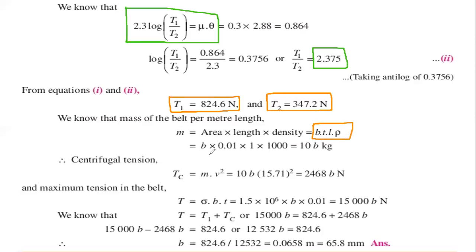We don't know the value of b, but we know the thickness and density. The length was not given, so we take it as 1. In total we got 10b kg. b means breadth.